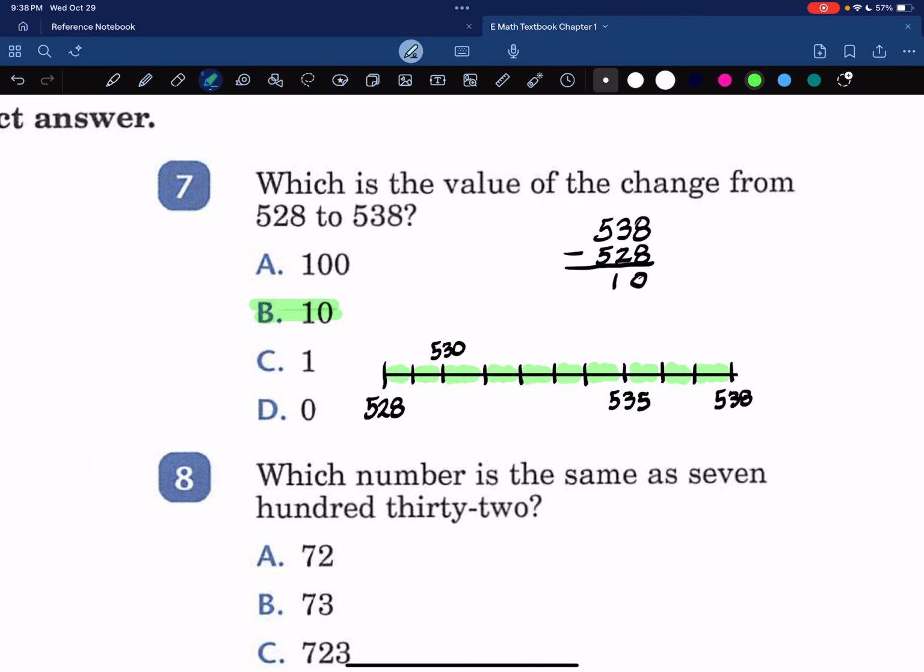And the way that they want us to think about this, I will tell you, is this. They want us to look at these two numbers. And they want us to say, those are the same and those are the same, but the tens place is one different.